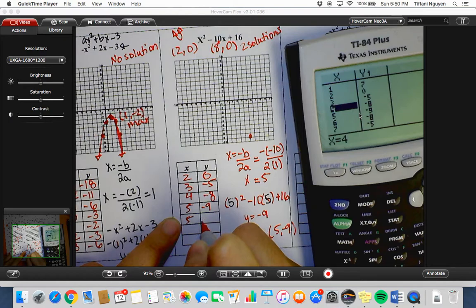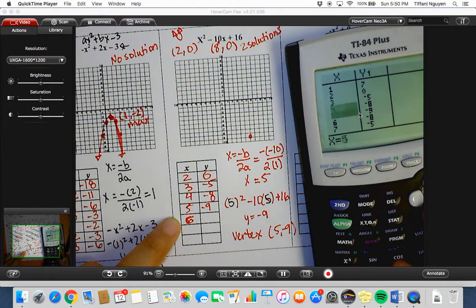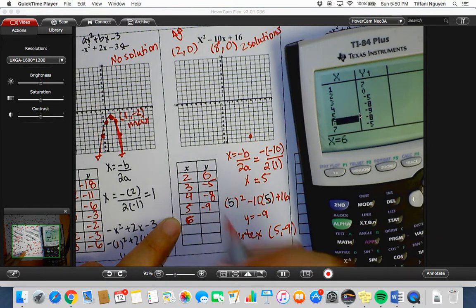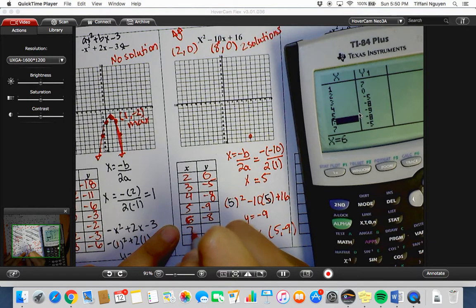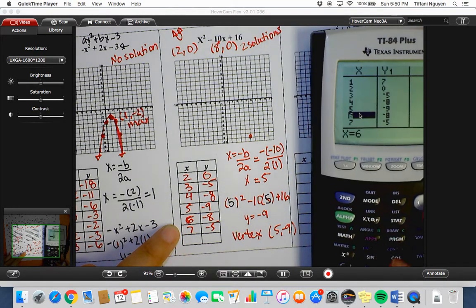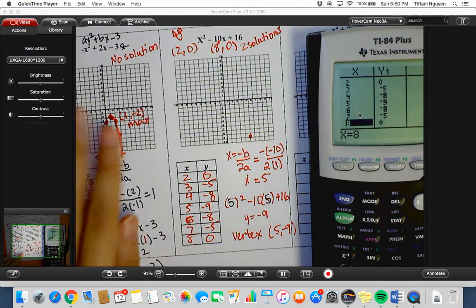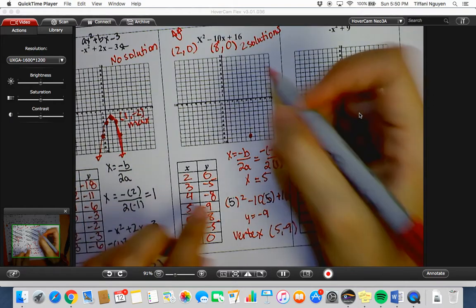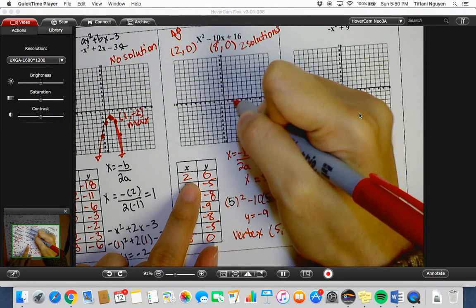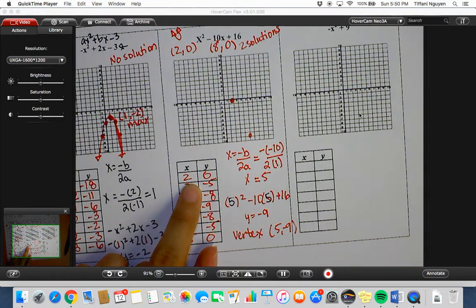6, excuse me, negative 8. 7, negative 5. And then 8, 0. So let's go ahead and graph this. When x is 2, y is 0. That's one of my solutions. That's one of my x-intercepts.